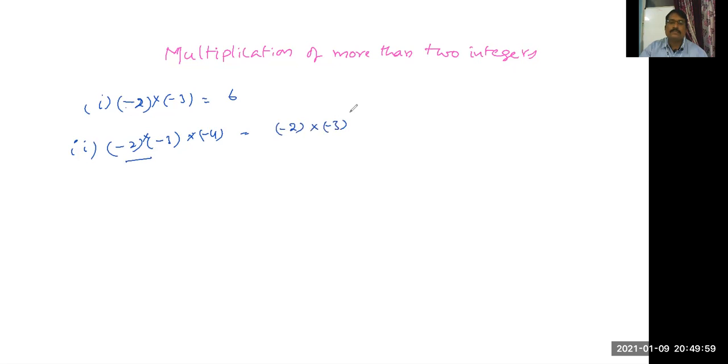Why? Because at a time we cannot do three multiplications in 7th class. So first I am taking these two. Minus into minus, as always, positive. Two negative numbers' product is always positive. That's why 6. Okay, 6 into minus 4. One positive integer and one negative integer product is always negative. 6 fours are 24. That's the answer.